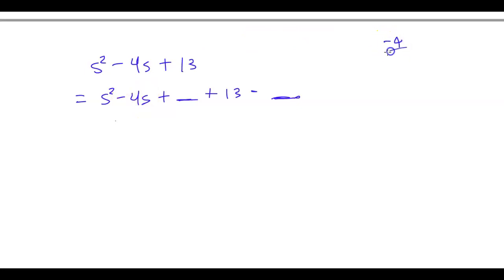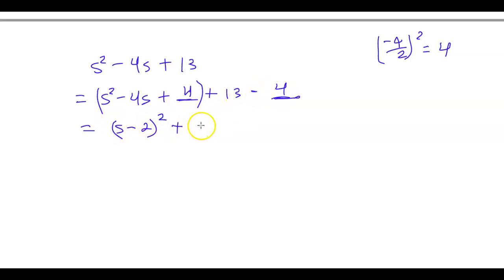So negative 4 divided by 2 and square it. That would end up being 4. So we put the 4 here, 4 there. And of course, these first 3 terms here, we could rewrite as just S minus 2 squared. And we see here 13 minus 4 is just 9. So what we're actually seeing is that this S squared minus 4S plus 13 is actually the same thing we've been seeing before, this S minus 2 quantity squared plus 9.